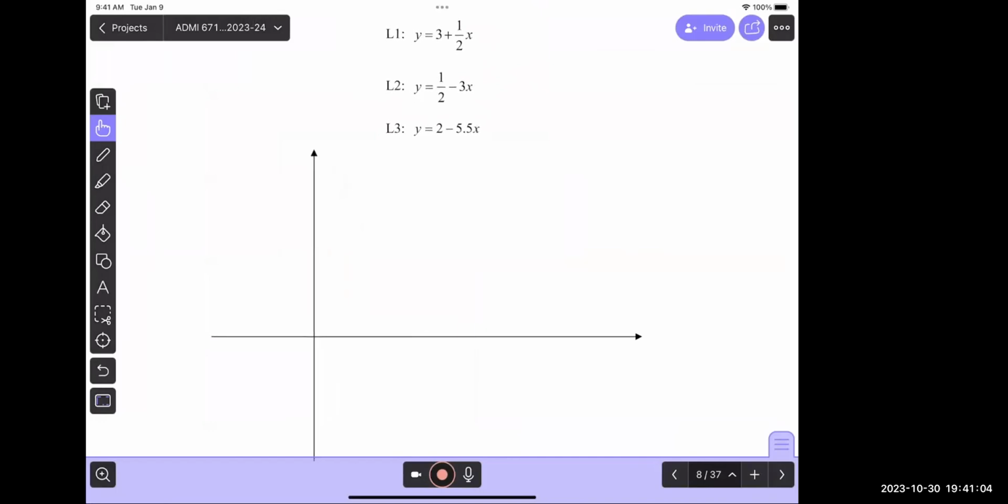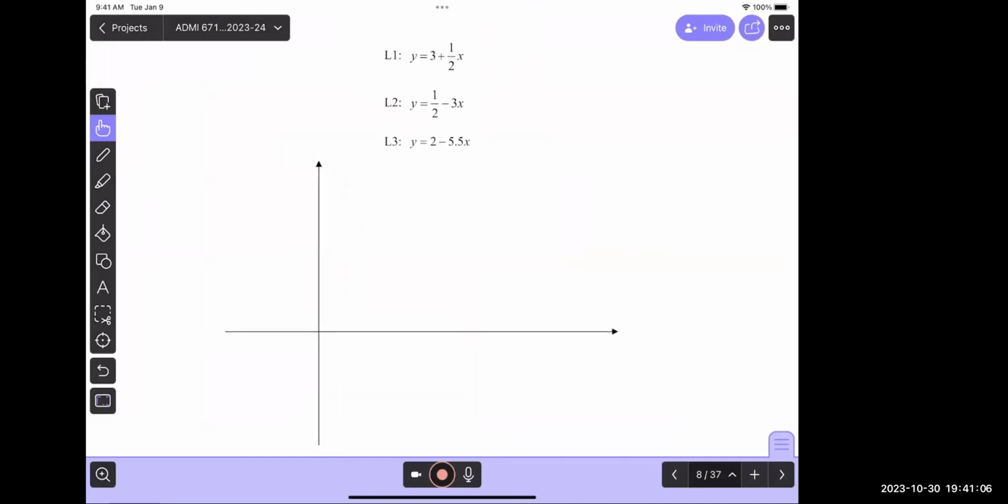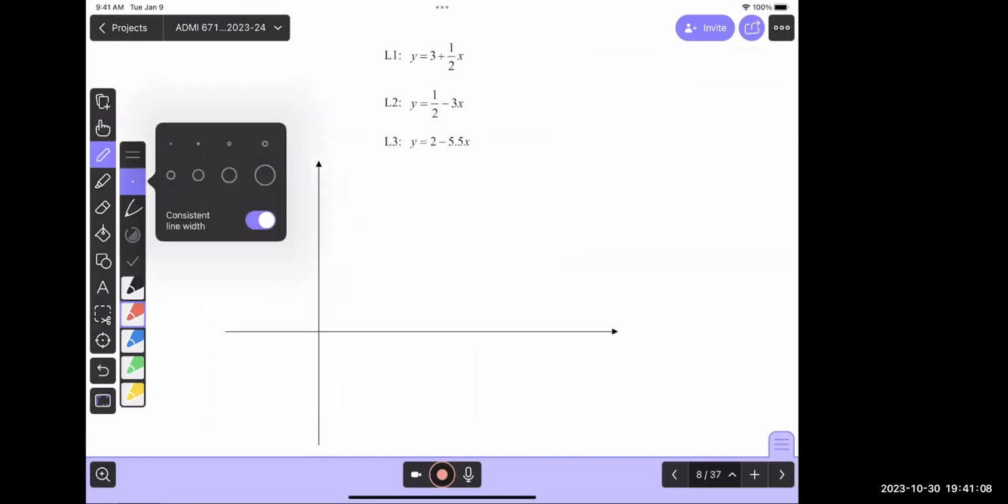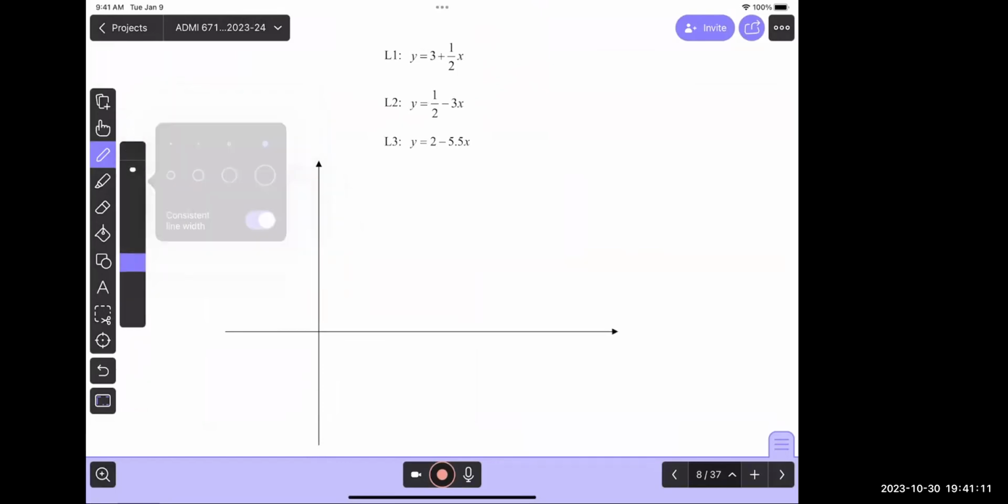Okay, so I'm gonna just show you there's different ways to do this, but I'm gonna show you the most relevant technique to what we're doing.